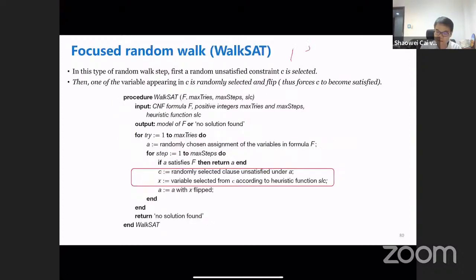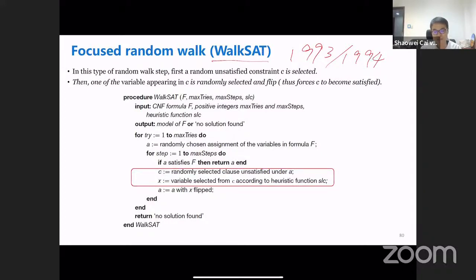Then in 1993, the seminal paper, with the formal paper in 1994 at AAAI, Selman and Kautz proposed WalkSAT, also known as focused random walk.